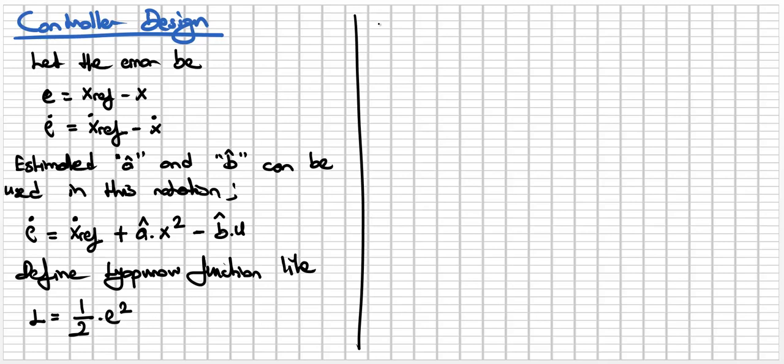And so if we take the derivative of this value, the L dot value in here, like this one, E times E dot, okay? And also this should be equal to the E times x ref dot minus A hat times x square minus B hat times U, okay?